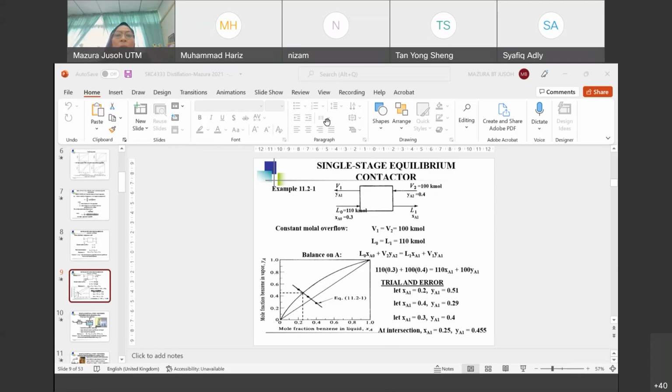Okay, now we'll go into distillation. Can you look at the example, example 11.21? Okay. So what you have here is a question.